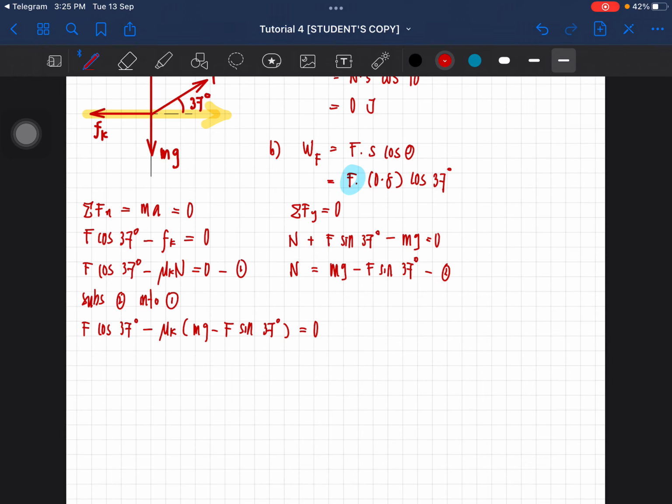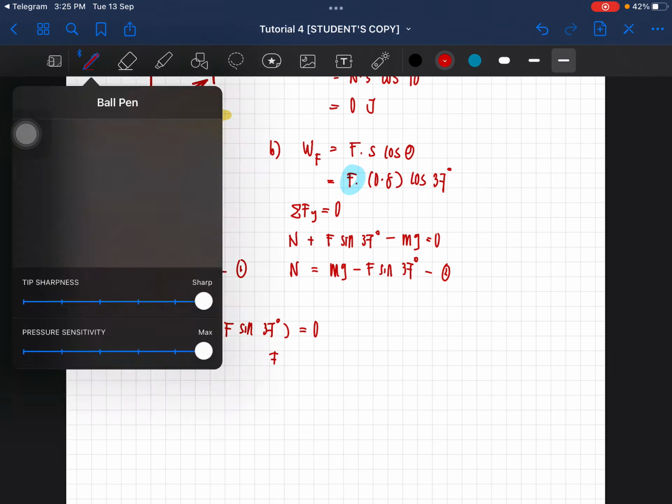From here, just substitute all the values that you have. Make sure you remember that when you have a negative on the outside, it will be negative mg here, and this will be positive F sin 37 degrees. From here you will get the value of F equal to 75.5.